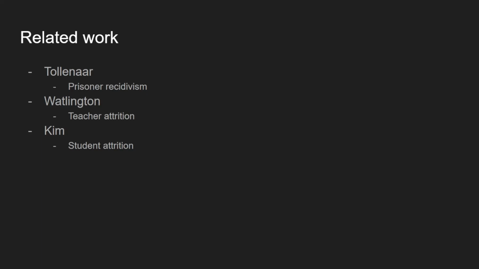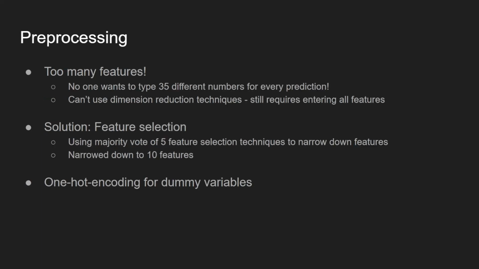What leads to students quitting can be many, many different factors, but oftentimes those factors aren't quantifiable. And what we're hoping to accomplish is to use our more quantifiable data to predict whether an employee will quit or not. On to pre-processing.